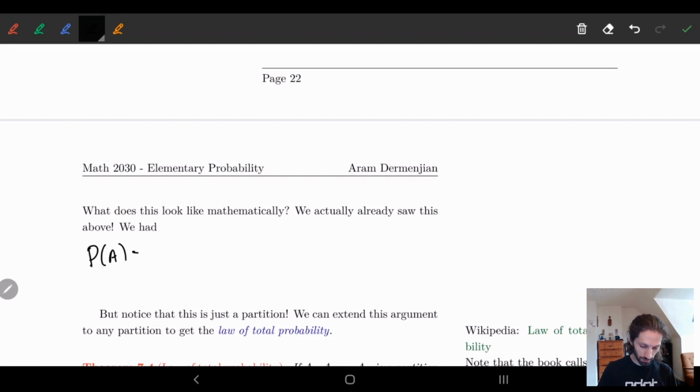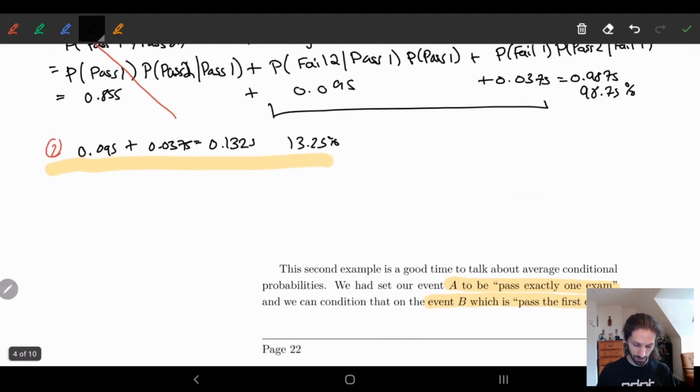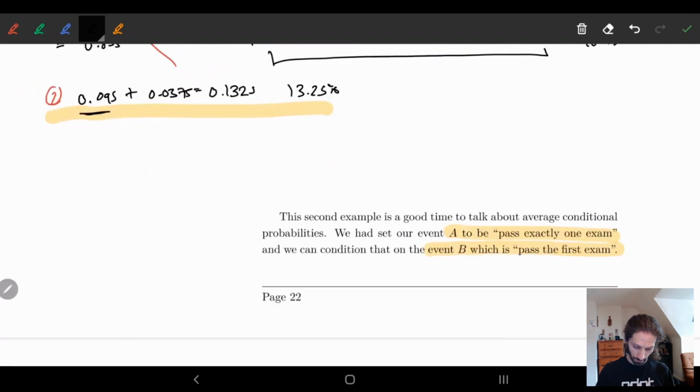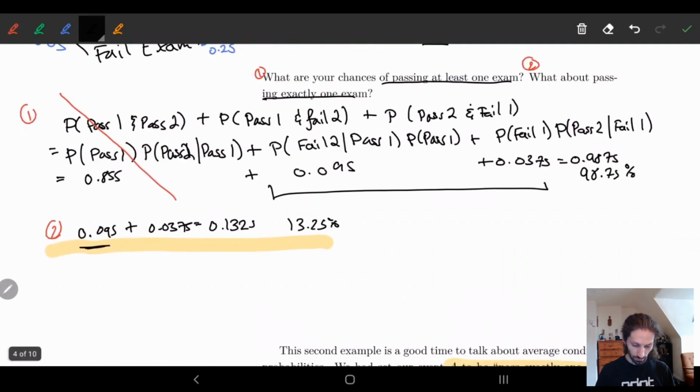Well, this is the probability that we pass exactly one exam given we pass the first exam, which gives us the first component, plus the probability that we pass exactly one exam and we fail the first exam, so the complement. This gives us the second component.